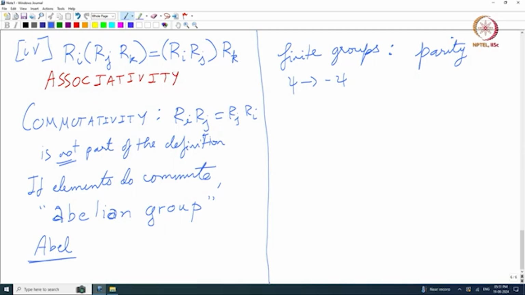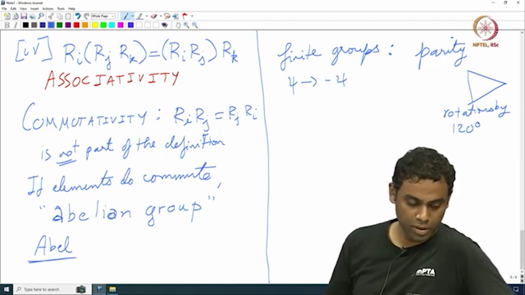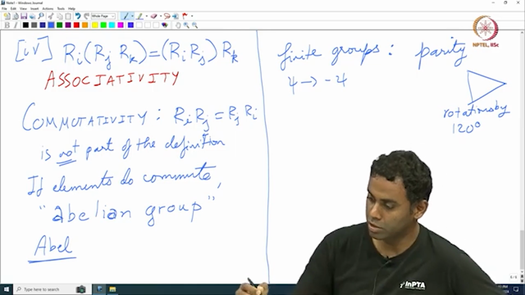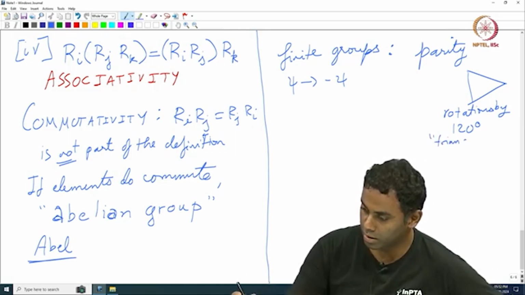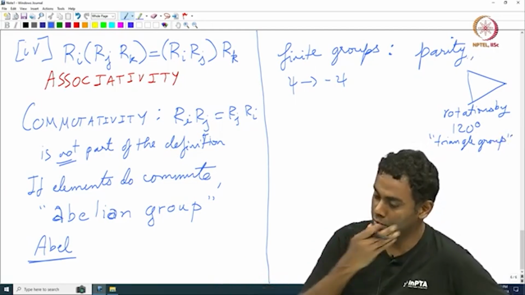And what about rotations around a triangle, an equilateral triangle in particular? That is also a finite group, right. As long as I rotate by 120 degrees, I recover the equilateral triangle that I just drew, correct. So, this is called simply a triangle group. You can construct any number of finite groups.